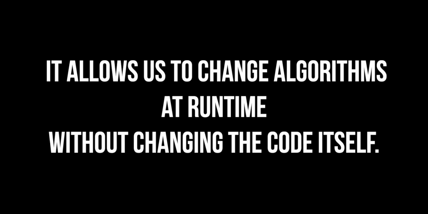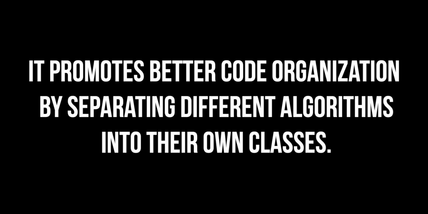The strategy design pattern has two key benefits. Firstly, it allows us to change algorithms at runtime without changing the code itself. And secondly, it promotes better code organization by separating different algorithms into their own classes.